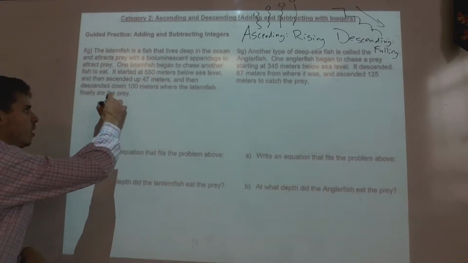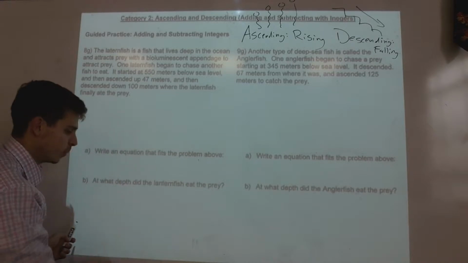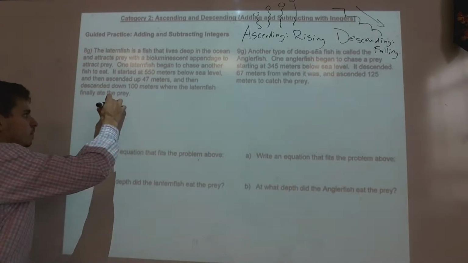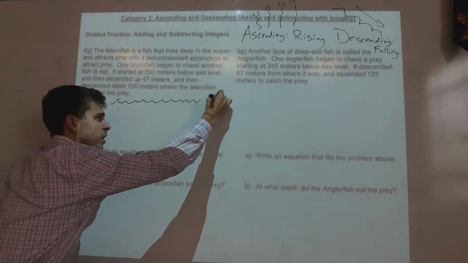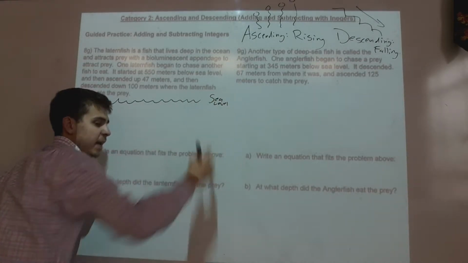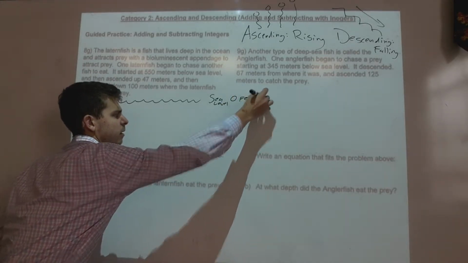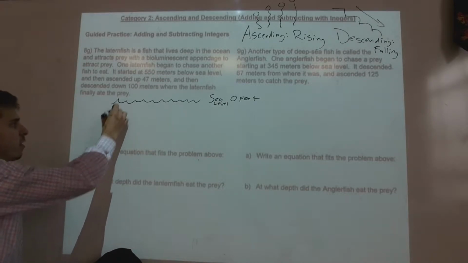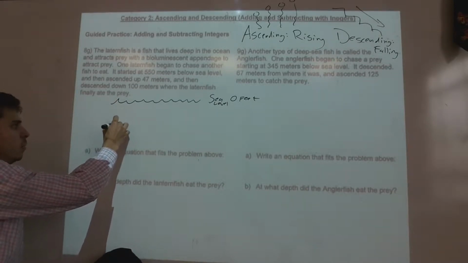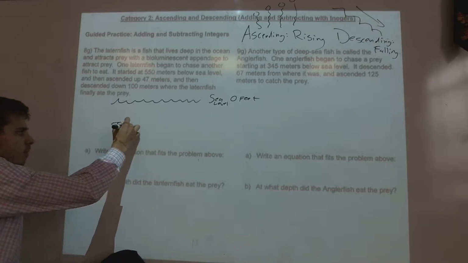I like to also draw. Let's draw those waves a little better. A little picture to help me orient myself. Okay, so here's sea level, and on your desks you'll see that sea level is 0 feet. So it's saying that at 550 meters below sea level, that's where we start.